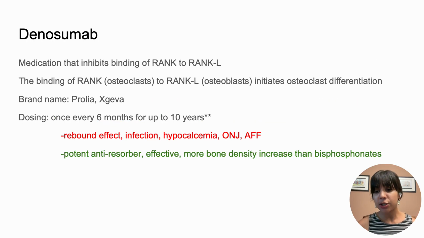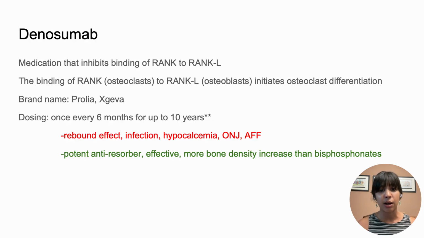Now, some of these other drugs that we're going to talk about aren't as commonly used in primary care. They can be, but some of these more anabolic drugs are more so done through endocrinology, rheumatology, and orthopedics. So denosumab is another kind of anti-resorptive drug like the bisphosphonates, but it has a different mechanism.